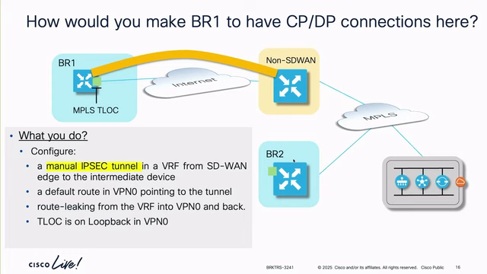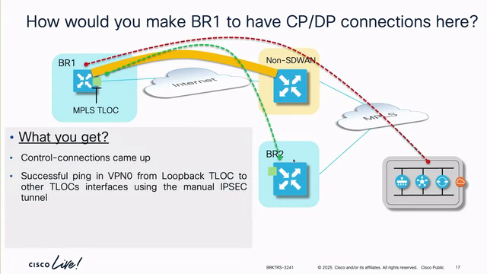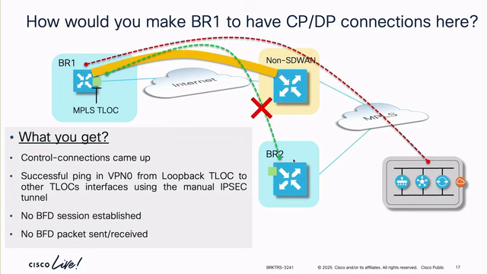And even more interesting, the control plane actually went up, and the IPsec tunnel went up. But BFD never went up. Maybe they misconfigured something, but the point with that particular case is that they failed to establish the data plane.